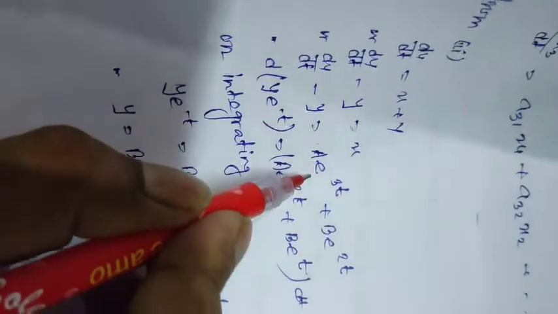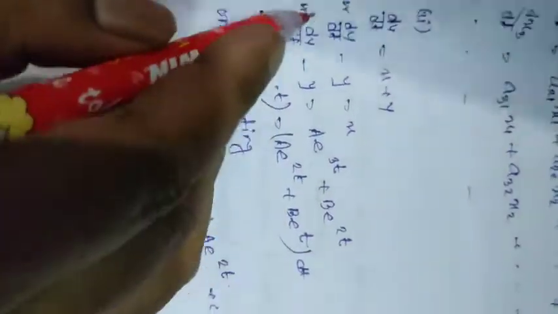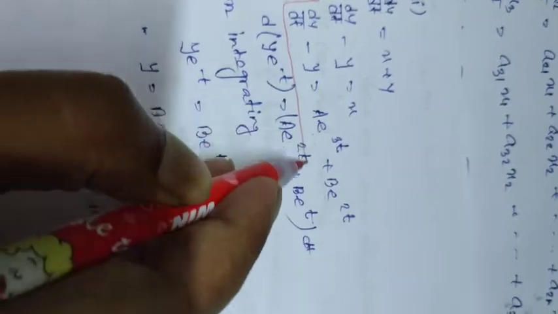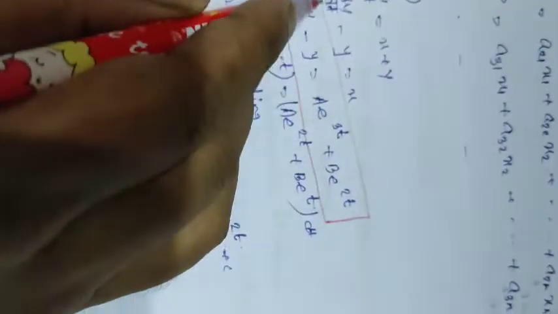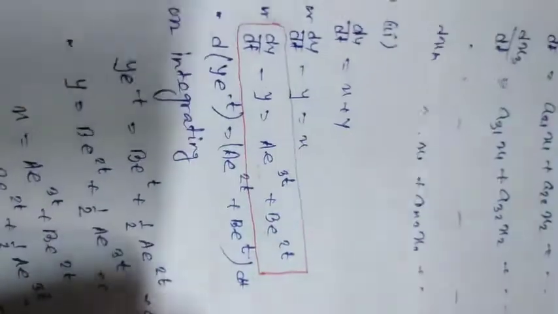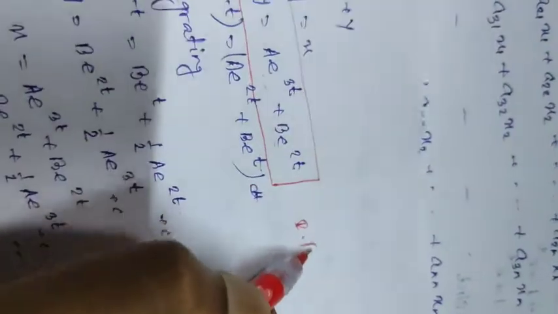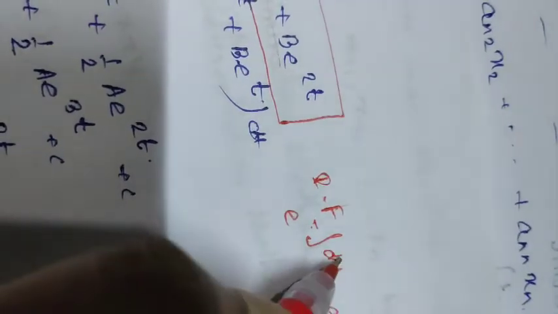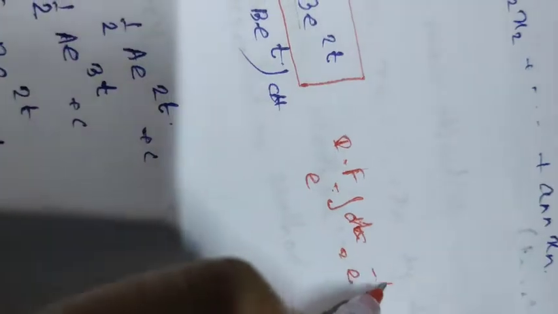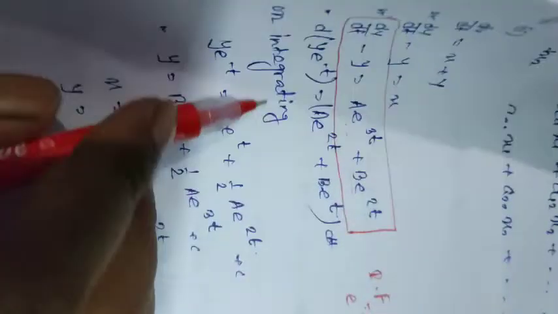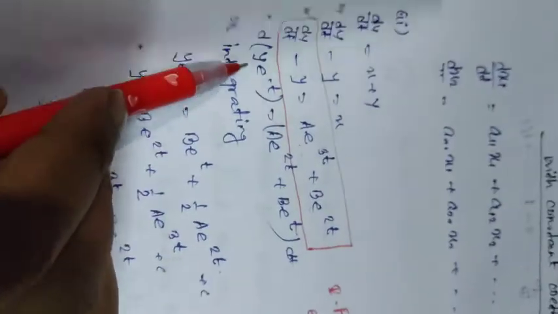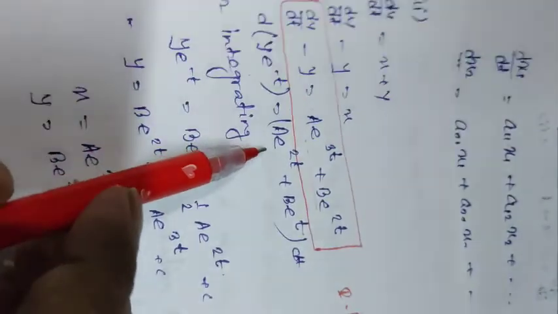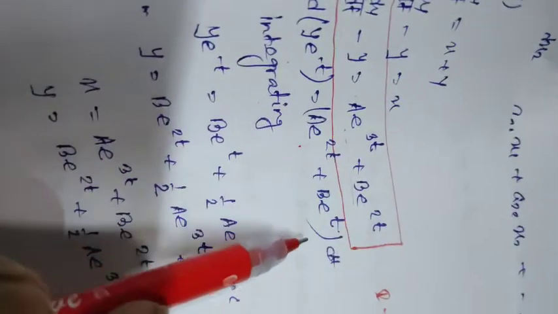Now we put here the value of x, and see that this is a linear differential equation, where the integrating factor we can find as e to the power integration of minus dt, that is e to the power minus t. And so we can write d of (y e to the power minus t) is equal to (a e to the power 2t plus b e to the power t) dt.